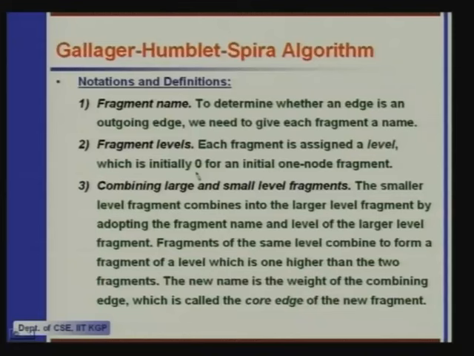Now, combining large and small fragments. The smaller level fragment combines into the larger level fragment by adopting the fragment name and the level of the larger fragment. Now, see, we are imposing a kind of partial order here. We will allow smaller fragments to combine into the larger fragments, but not the larger fragment to combine into the smaller fragment.